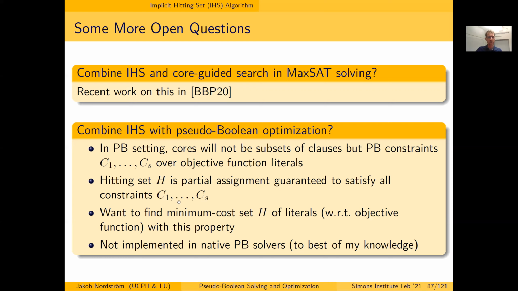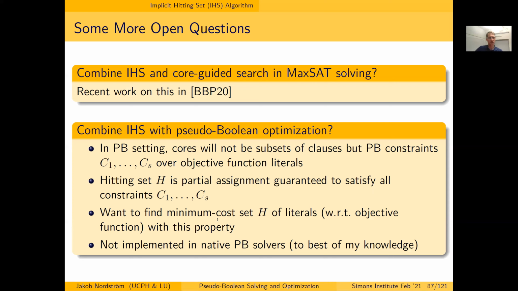Note that if these constraints are clauses, then the hitting set is really just a hitting set, because for every constraint you only need to satisfy one literal in C, and then the clause is satisfied. In general, if the C_i are pseudo-Boolean constraints, then you might need to set several literals to be sure to satisfy this constraint, and you'll get some kind of generalized hitting set that does this in as cheap a way as possible.